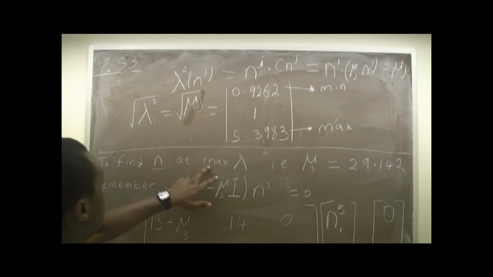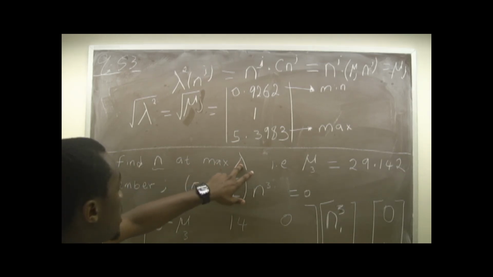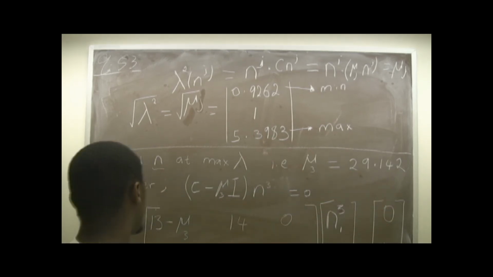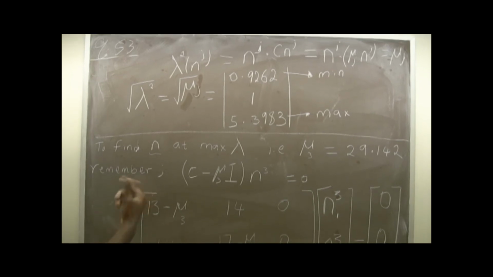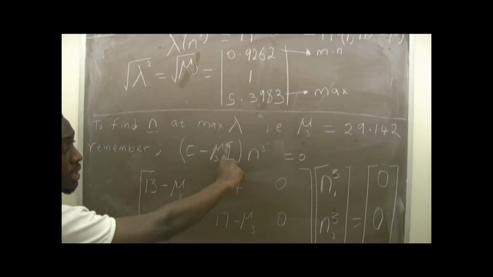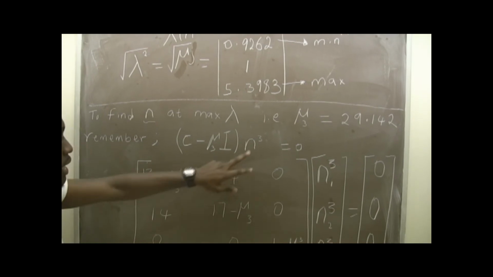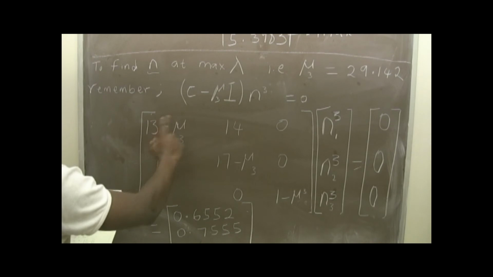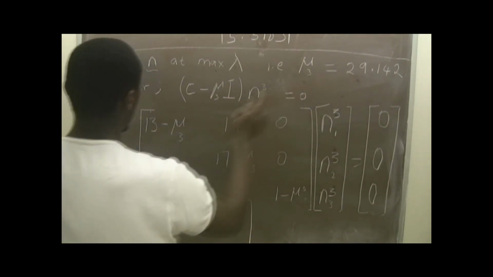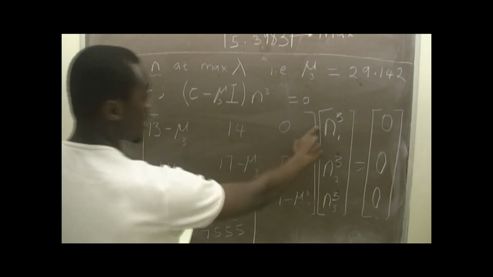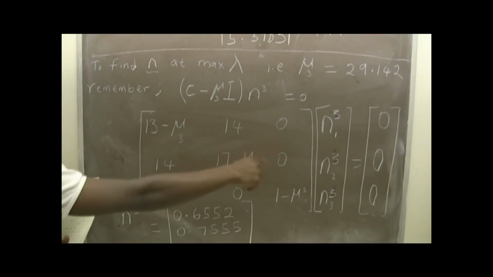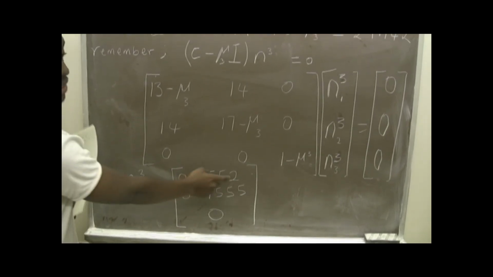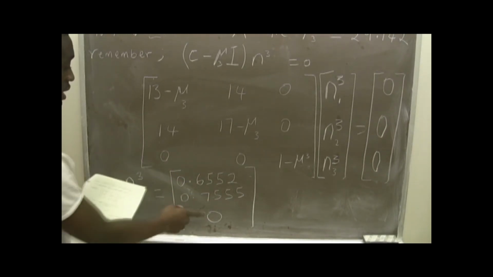Using the maximum value of the stretch, that is mu3, which is the square root of this 29.142, and the formula which we used earlier, (C minus mu I) n equals 0, we find the eigenvector n. We put this mu into the matrix and solve it, and we get the values of n3 to be 0.6552, 0.7555, and 0.